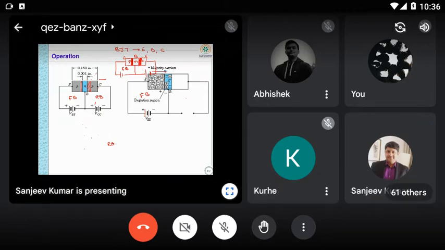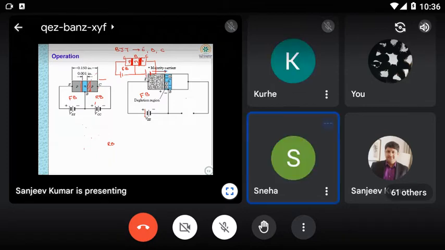Then what are the majority carriers in this P type semiconductor? The holes will flow from emitter to base, because the thinner depletion region created by forward bias provides a low resistance path. Clear? Yes, sir.